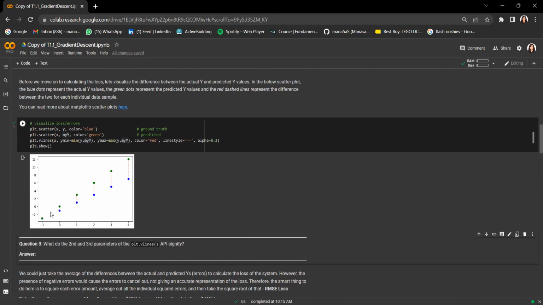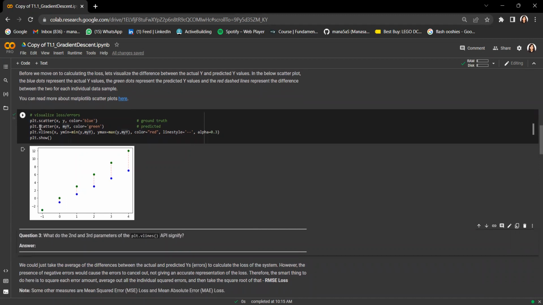We see that our guesses are sort of growing at a faster rate than the actual y values. And these red lines correspond to the difference between the ground truth y values and our predicted y values for each value of x.